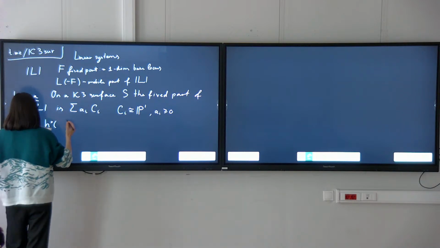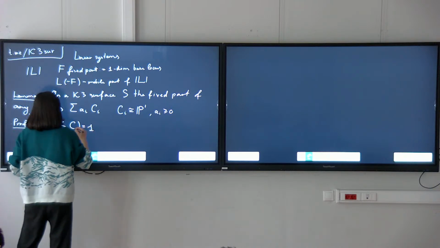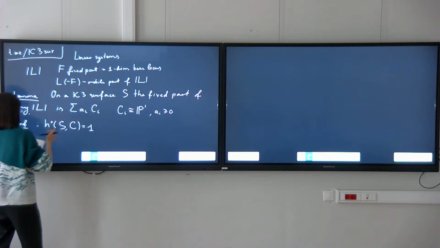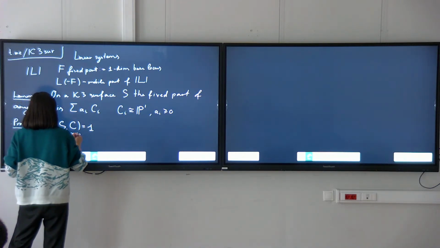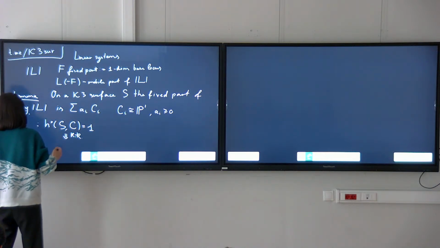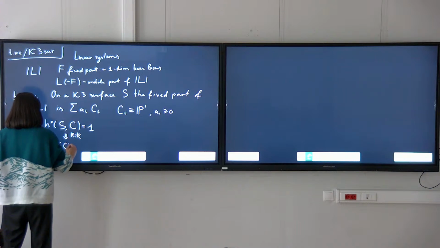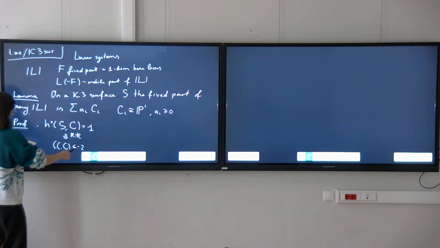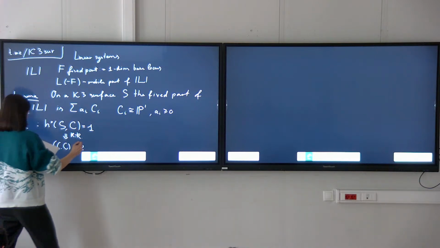We know that global sections of O_S(C) are one-dimensional, so this is a rigid curve. So from the Riemann-Roch theorem, and this is the place where I made a mistake, we obtain that its self-intersection is less than or equal to -2. So it's not equal to -2, it's less than or equal to -2.